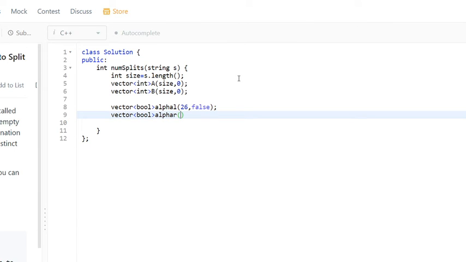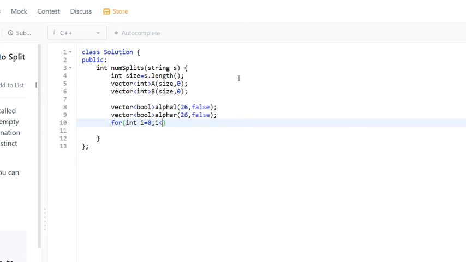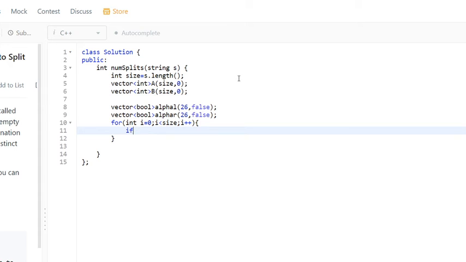Then loop for i equal to 0 up to size. Let's find what character it is. Let me say k equals s[i] minus a.